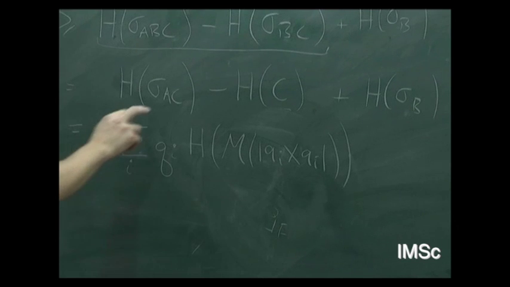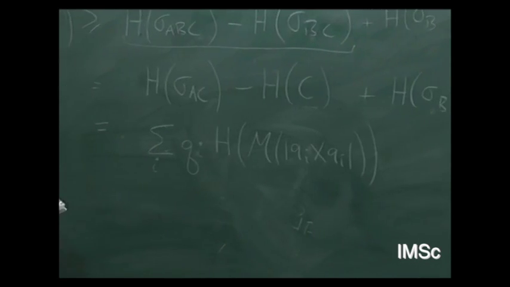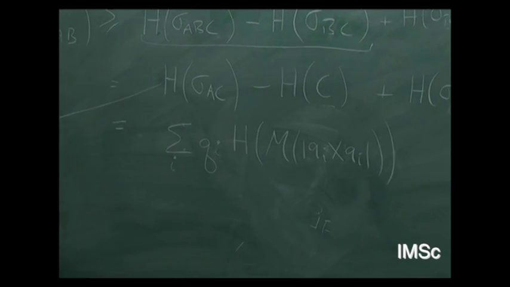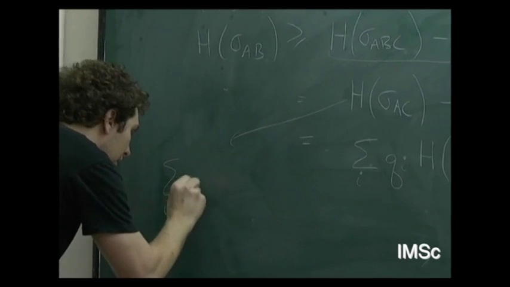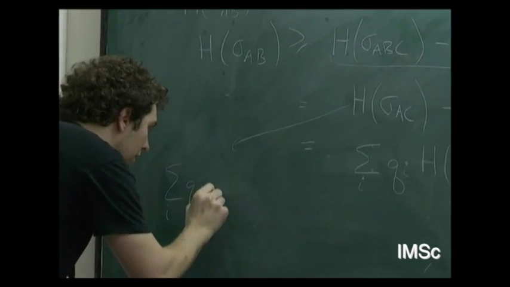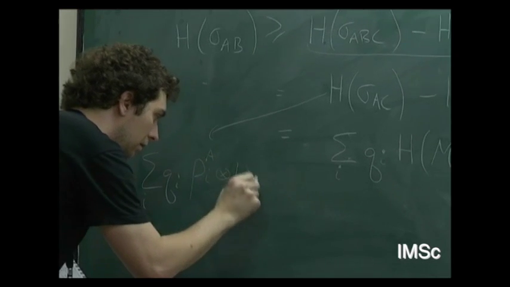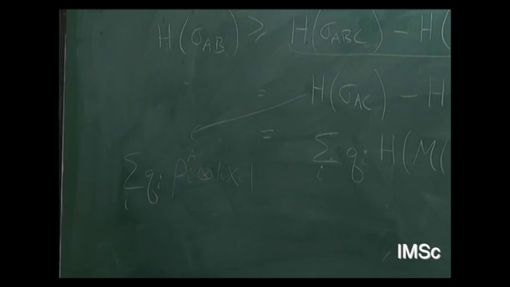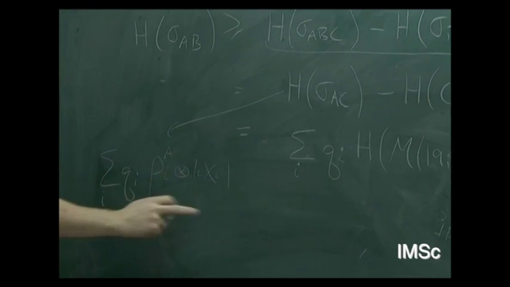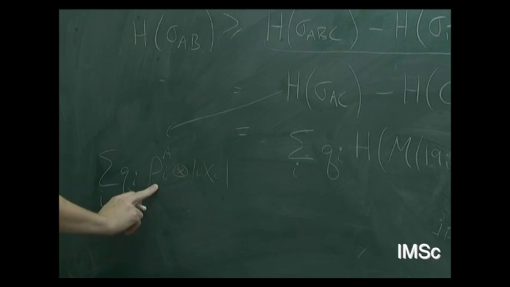Why is this? Because you can always write out a state that looks like this. This is just a flagged mixture, right? These are orthogonal flags, and they tell you which state you've got here.